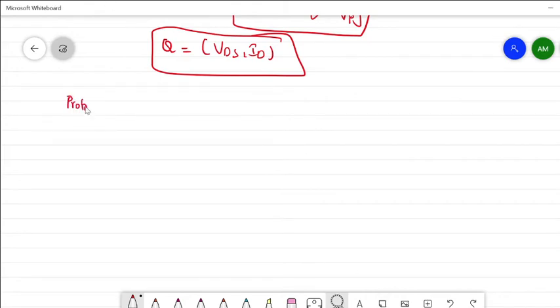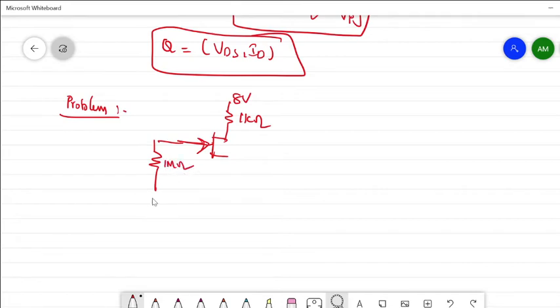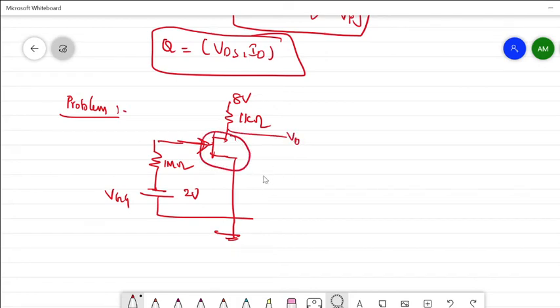Problem on fixed bias method. For the given circuit, this is the circuit given: 8 volts VDD value, 1 kilo ohm resistor, 1 mega ohm, VGG value is 2 volts, output voltage V0.